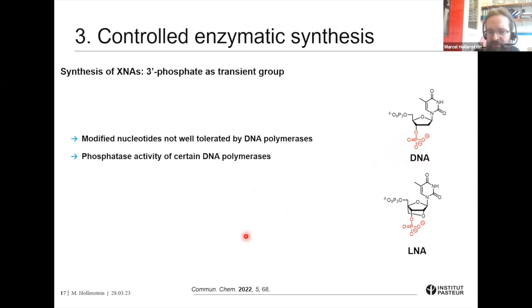Actually, in the course of these experiments, we could observe that DNA polymerases had a phosphatase activity because the phosphodiester linkages of both the DNA and the RNA nucleotide were cleaved, and hence there were multiple incorporation events, which is obviously not what we want.